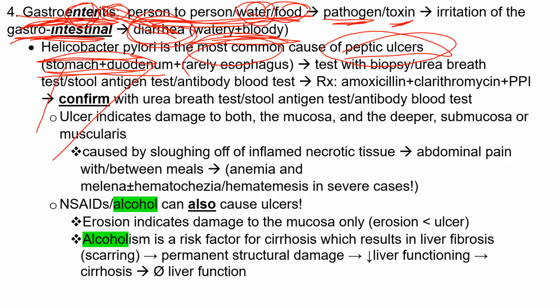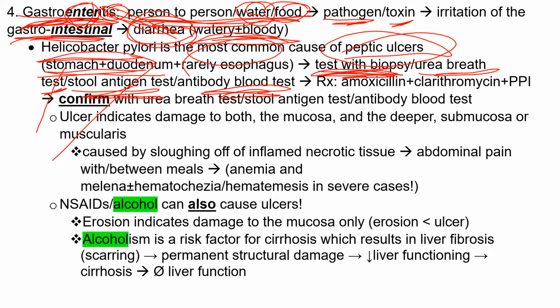You confirm with a biopsy, but after treatment, you want to ensure that the patient does other tests to exclude ulceration still being there. One of the tests that you may do is the urea breath test. You just puff into an equipment. You may also do a stool antigen test or antibody blood testing.